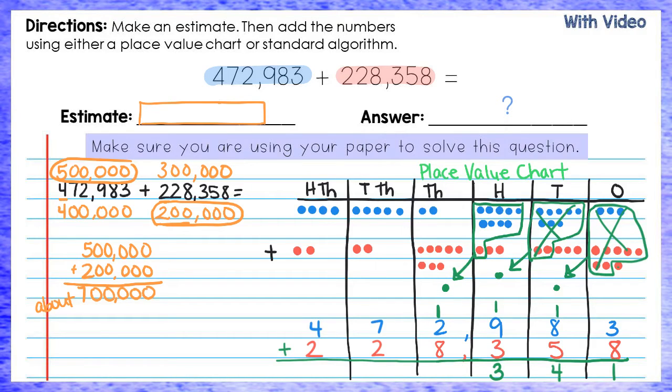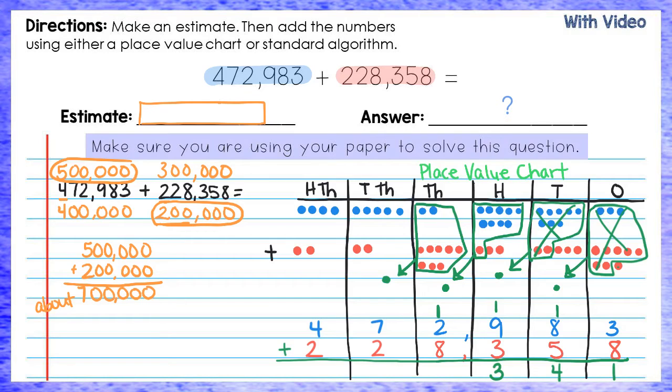Now we have 2 plus 8 plus 1, which is 11. But I can't have 11 in the thousands place, so I'm going to regroup 10,000s. 1,000, 2,000, 3,000, 4,000, 5,000, 6,000, 7,000, 8,000, 9,000, 10,000, and we get 110,000.